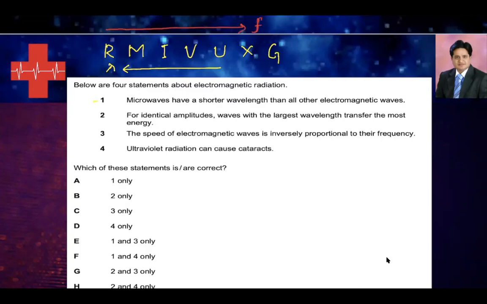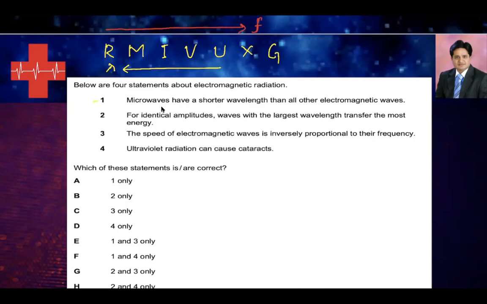So this way, radio waves will have more wavelength than microwaves, and microwaves will have more frequency than radio waves. According to this, gamma rays will have the maximum frequency and the radio waves will have the maximum wavelength.